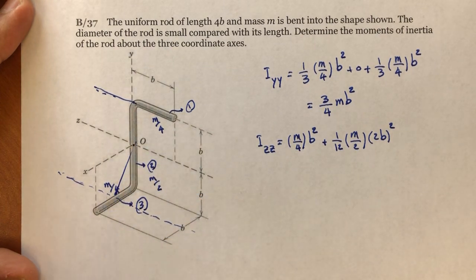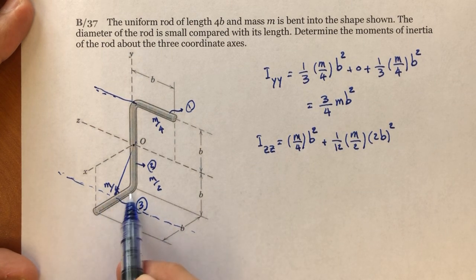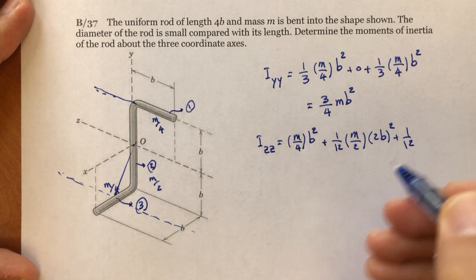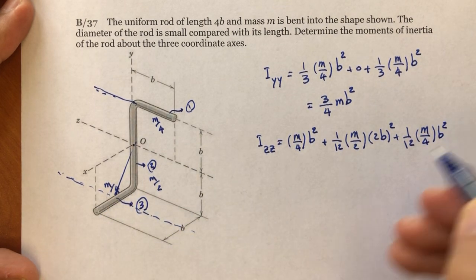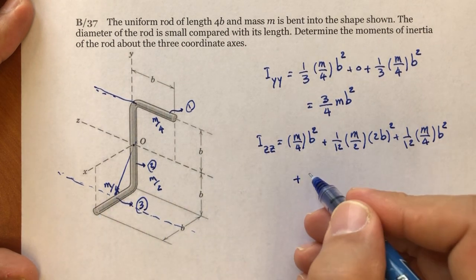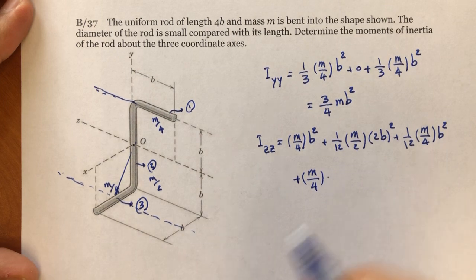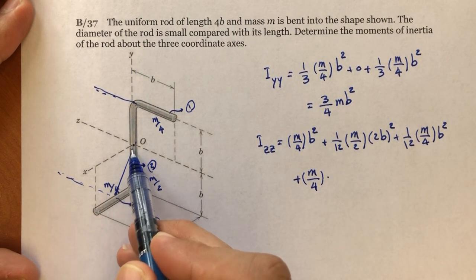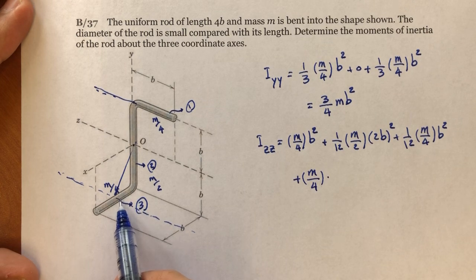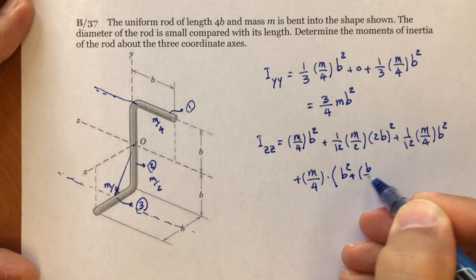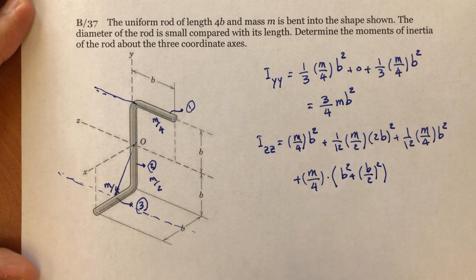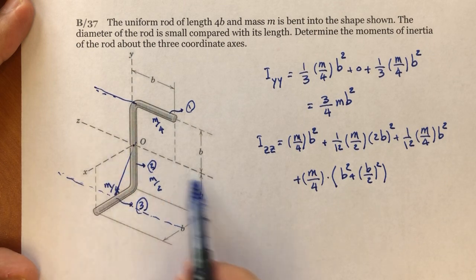The mass moment of inertia of the third part about this axis is 1 over 12 times mass, which is m over 4, times length squared, which is b, plus mass m over 4 times distance squared. The distance squared is b squared plus b over 2 squared. These two together are the mass moment of inertia of the third part about the z-axis.